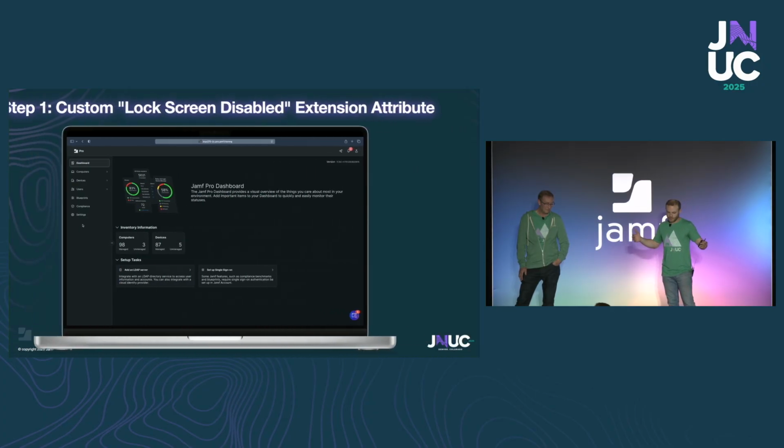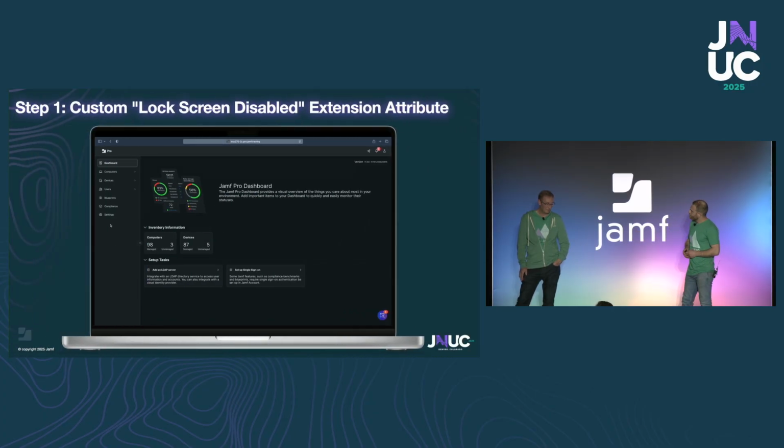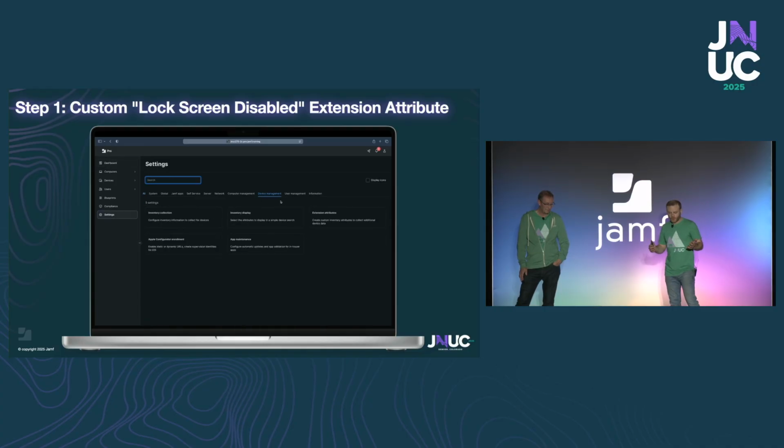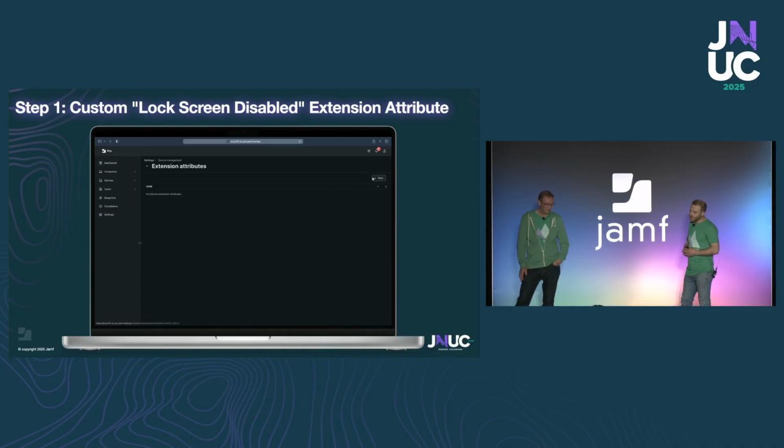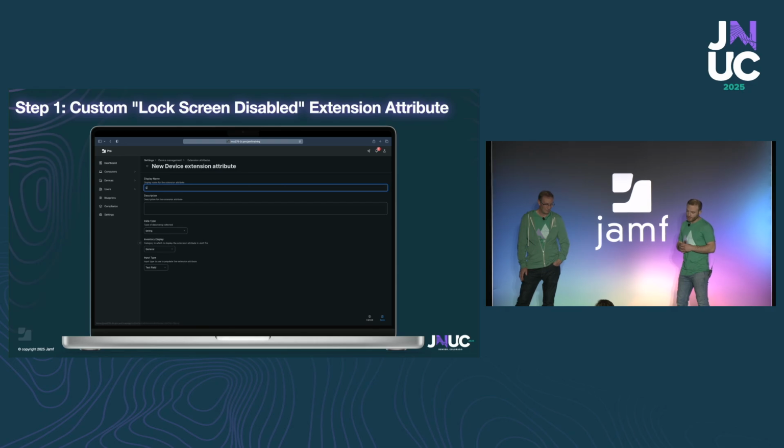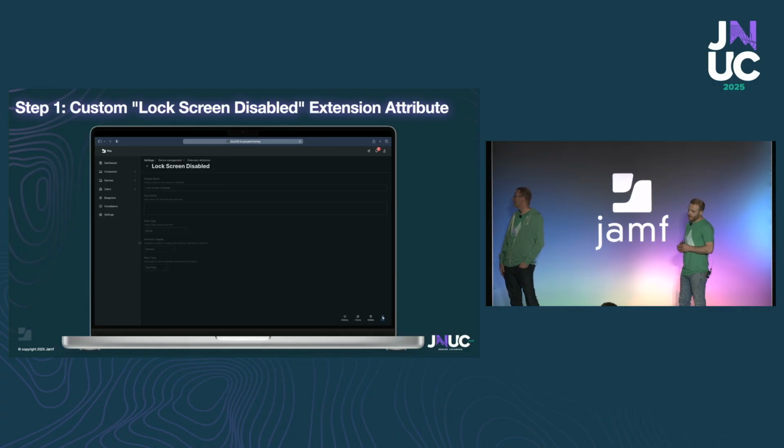So, how do we do this? Let's dive in. So, step one. To build this workflow, we create a custom mobile device extension attribute in Jamf Pro, which we'll later use as a way for the Security Cloud to relay if a mobile device is detected to have its lock screen disabled.